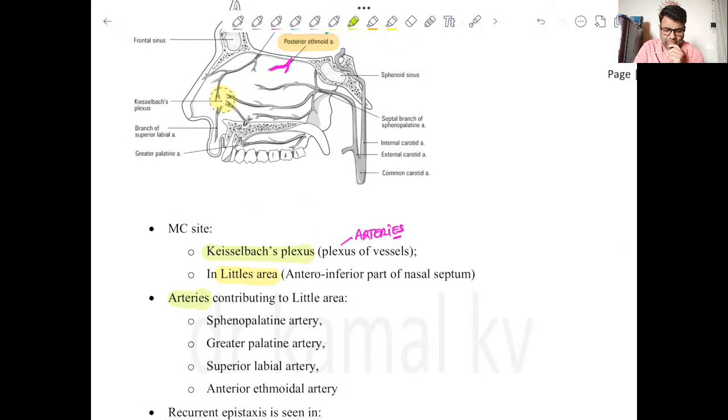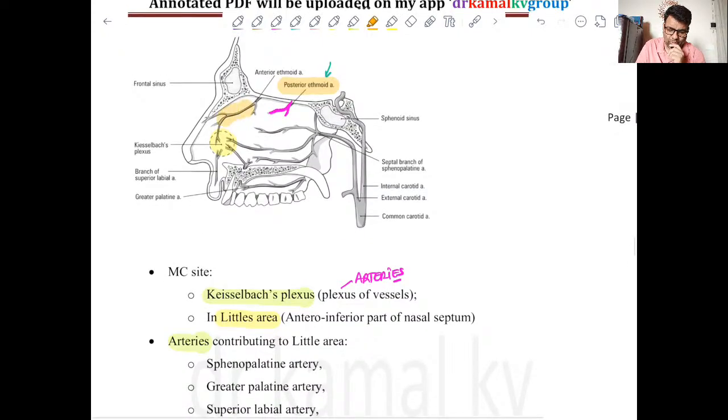So either you remember this fact, or if you want to remember more, you can remember all the four arteries which are contributing to this Little's area. Of course, the one is anterior ethmoid, then there is one superior labial, then sphenopalatine, and the greater palatine, clear?